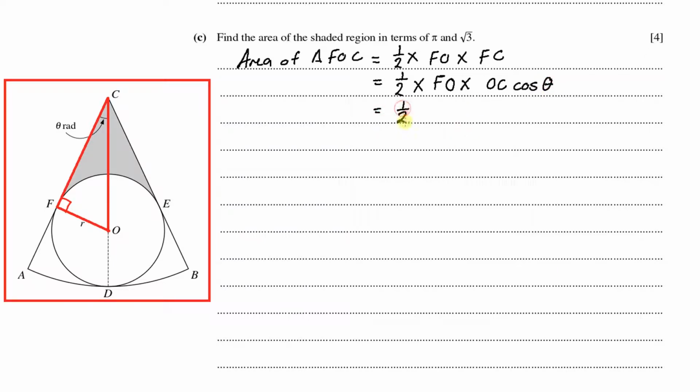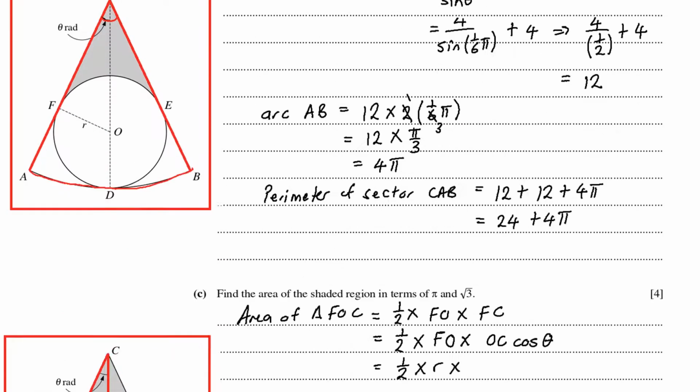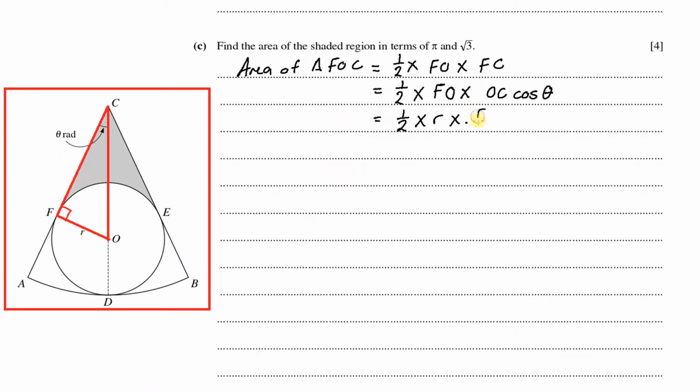So that's half times FO is R, and OC, we worked out OC in part A in terms of R and sine theta as R over sine theta. So we have here R over sine theta, and then times this cos theta here. So this is half times, we've been told that R is 4 and theta is a 6th pi. So R is 4 here, times another R over sine theta, which is sine of a 6th pi, which is a half.